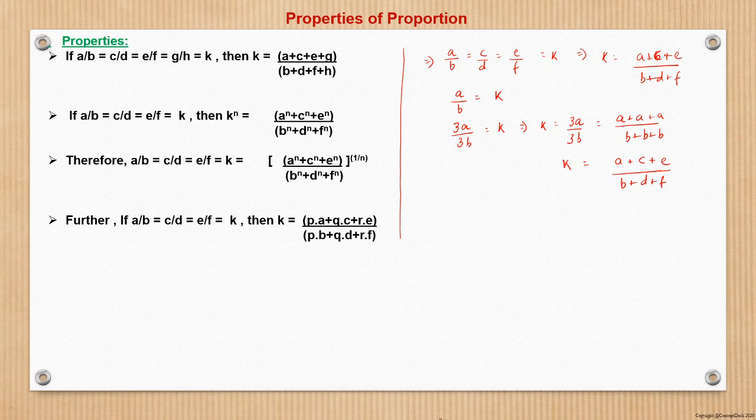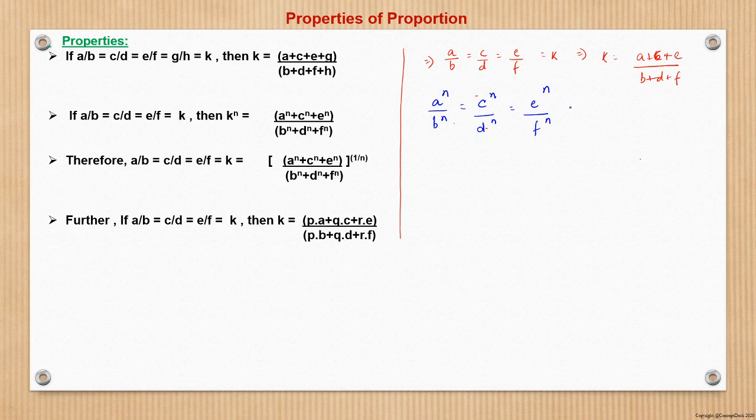So now if this is understood, we will try to understand the other properties related to this. Those will be really useful in certain circumstances and certain illustration types. So now let us see, if a by b is equal to c by d is equal to e by f, I can write a raised to power n upon b raised to power n, c raised to power n upon d raised to power n, e raised to power n upon f raised to power n, all equal to k raised to power n, right?